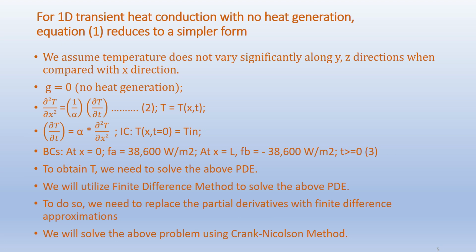In this case, we are applying positive heat in both the ends of the bar. The negative value of Fb is just an indication that the direction of heat flux is in the opposite x direction.